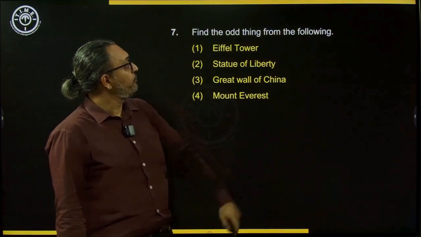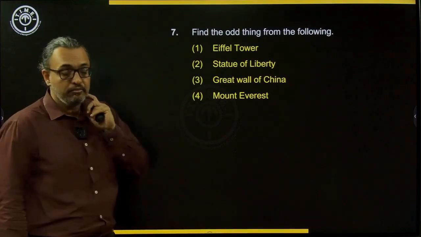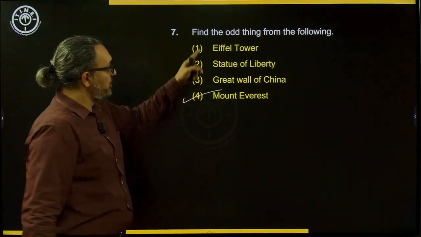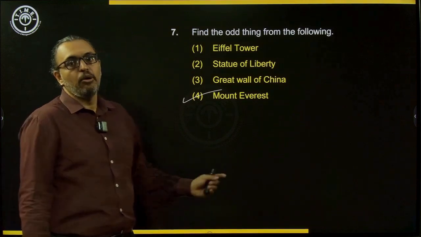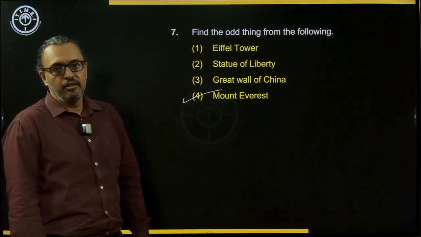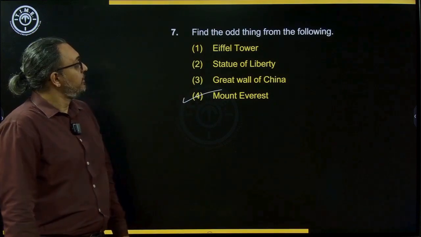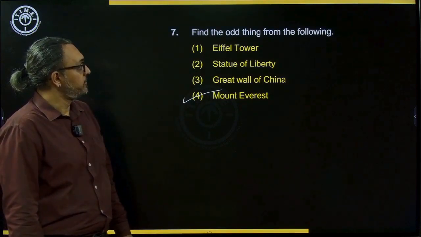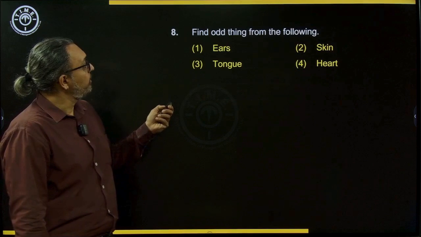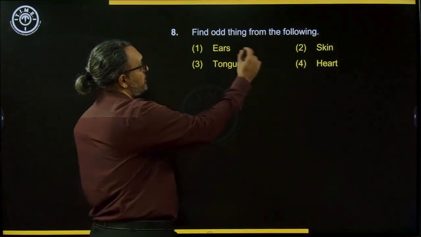Find the odd thing from the following. Okay. Now you have verbal. I will say Mount Everest. Why? Because remaining all are man-made. Mount Everest is natural. Correct? The remaining are man-made things. Then the 8th one. Find the odd one from the following. Ears, skin, tongue, heart.